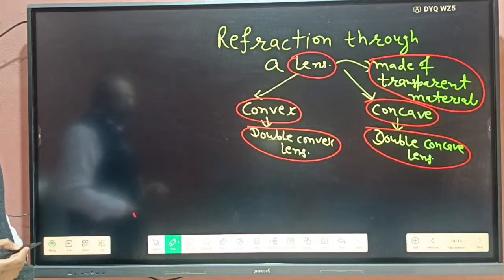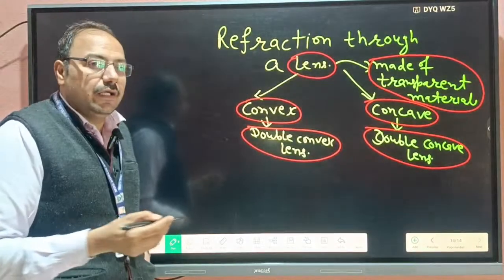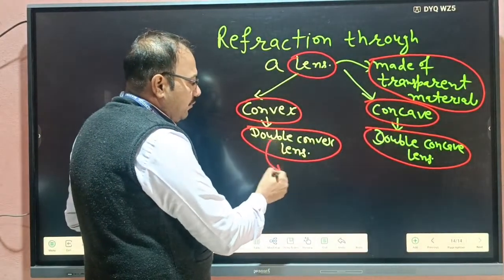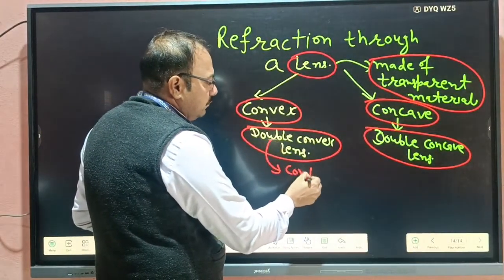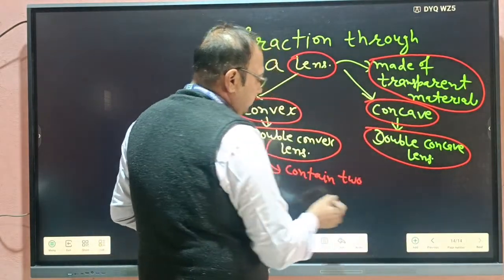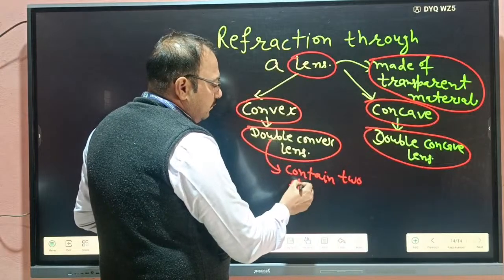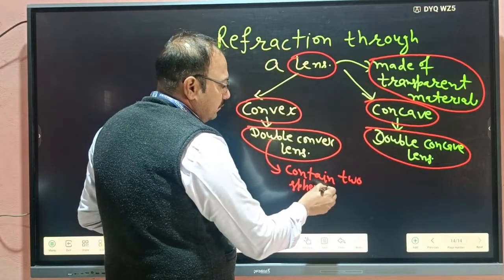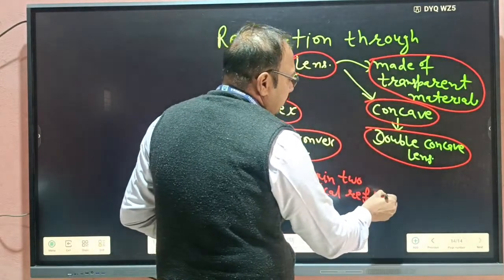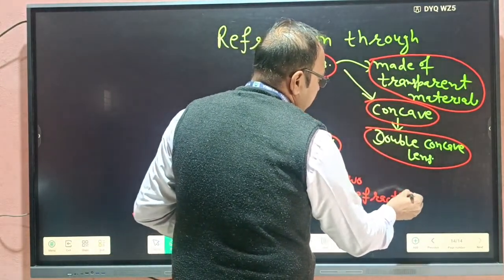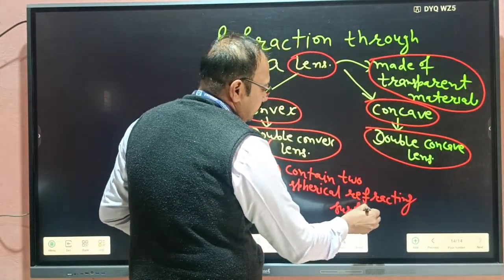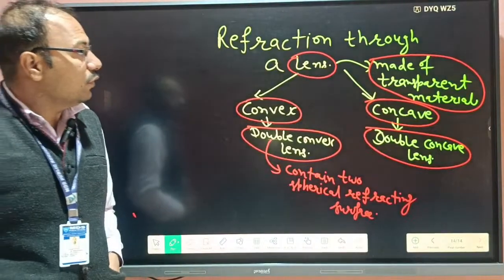Double convex lens means it contains two spherical surfaces. That is why we call it a double convex lens, containing two spherical refracting surfaces.